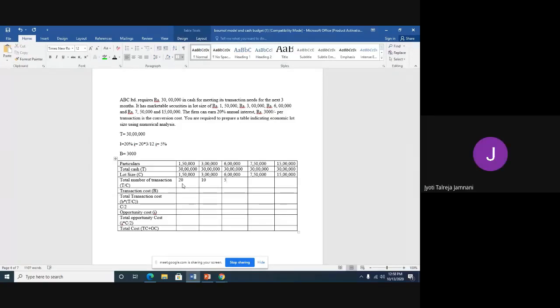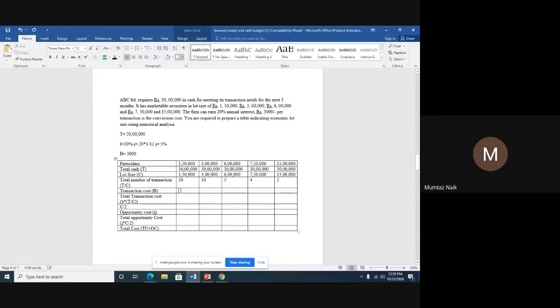If I do, I get 5. All the zeros get cancelled, and then you have 30 divided by 6, which comes to 5. 30 lakh divided by 7,50,000, you get 4. And 30 lakh divided by 15 lakh, you'll get 2.